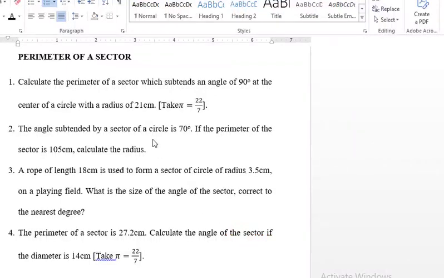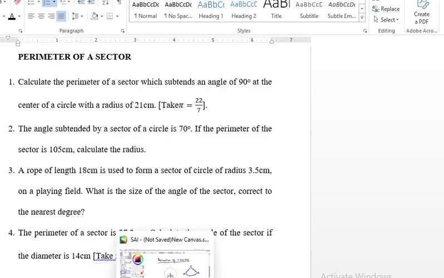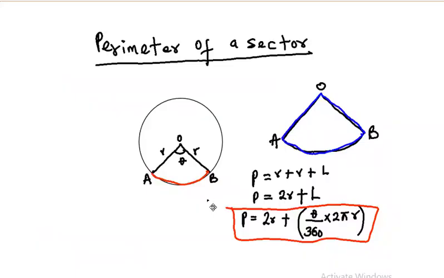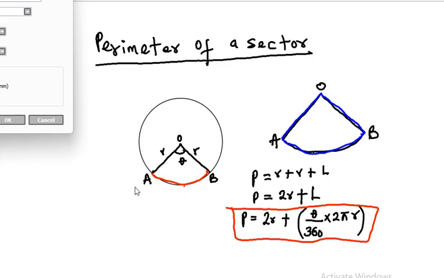The first one here is: calculate the perimeter of a sector which subtends an angle of 90 degrees at the center with a radius of 21. So just write out the parameters that we need from this question. We have P, calculate the perimeter.